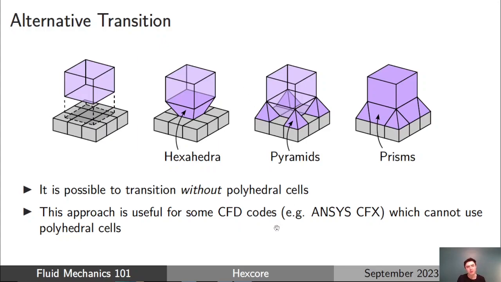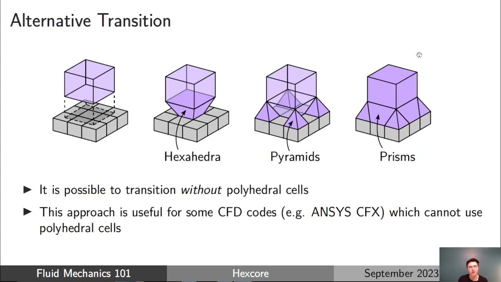But some older CFD codes, for example ANSYS CFX, can't actually use polyhedral cells. Polyhedral cells are more of a modern innovation. And so it means if we want to use a Hexcore approach with those types of codes, we need some kind of method of transitioning between the smaller cubes and the larger cubes without that polyhedral cell.